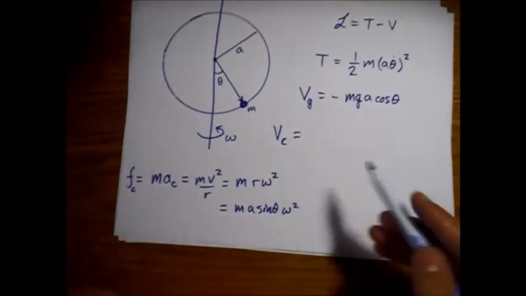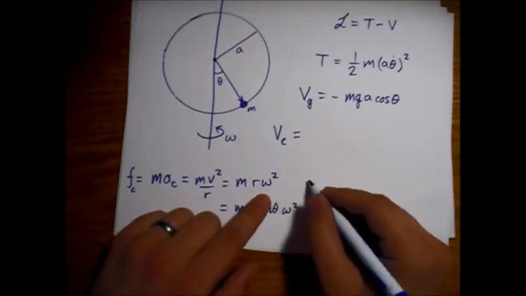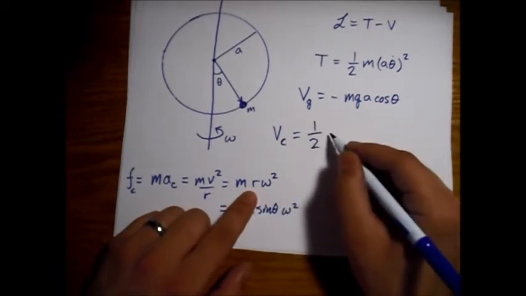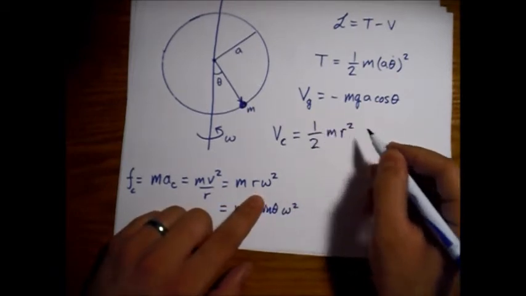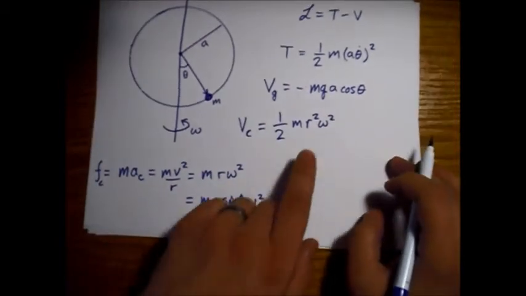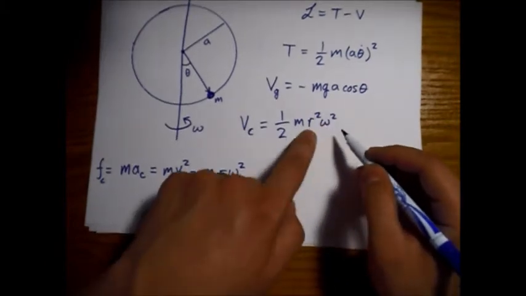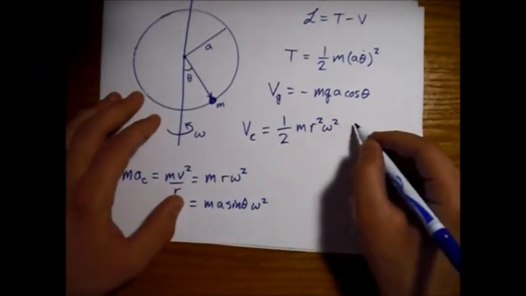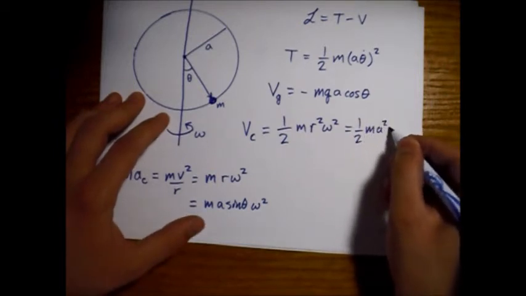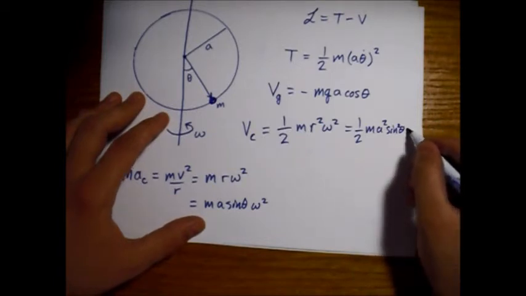So we're going to integrate this with respect to r. I'm going to write a 1/2 m, then we get r squared omega squared. Now we put in our a sine of theta for this r. So 1/2 m a squared sine squared of theta omega squared.